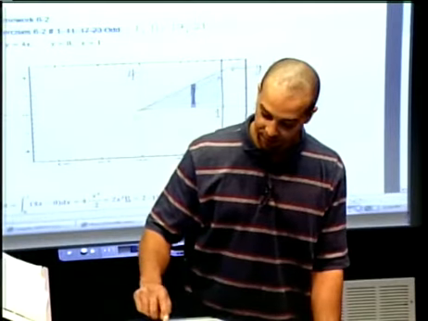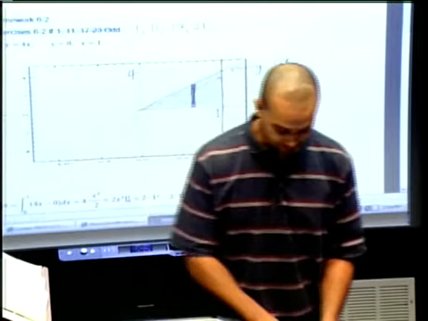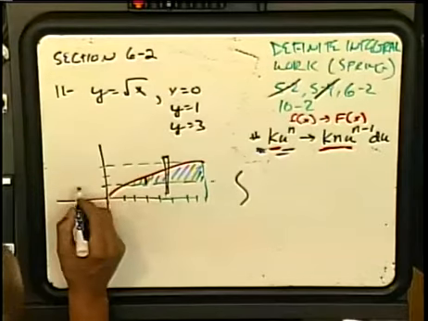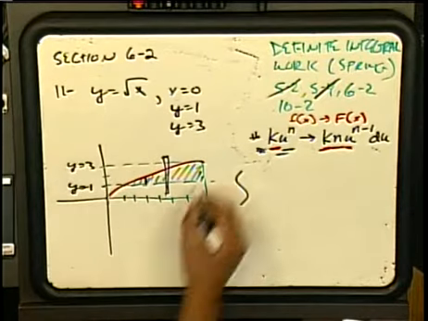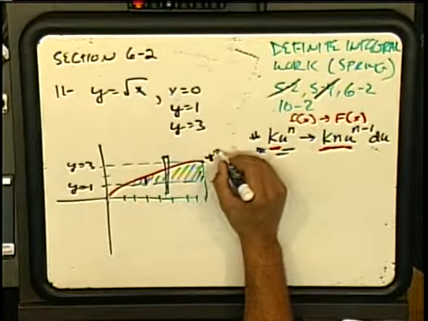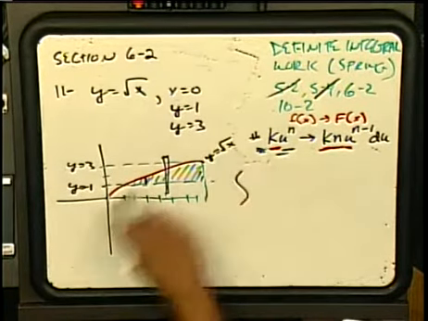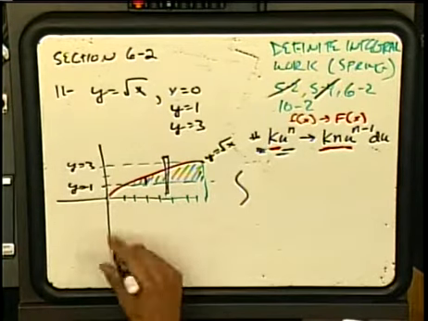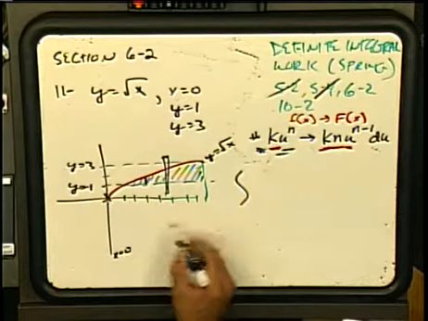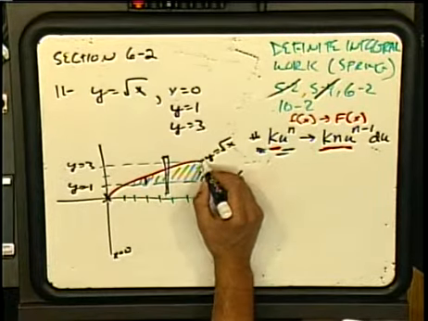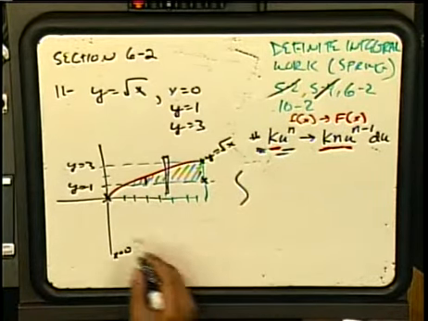All right, so we got our boundary. This is y equals 1. This is y equals 3. This is y equals square root of x, that red. And this is x equals 0. Here's a boundary, here's a boundary, and here's a boundary.